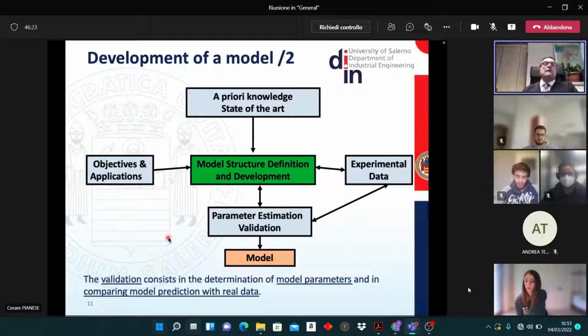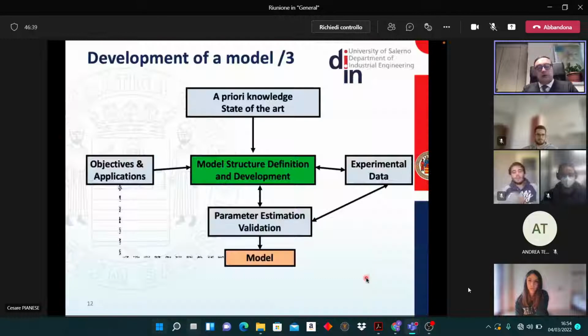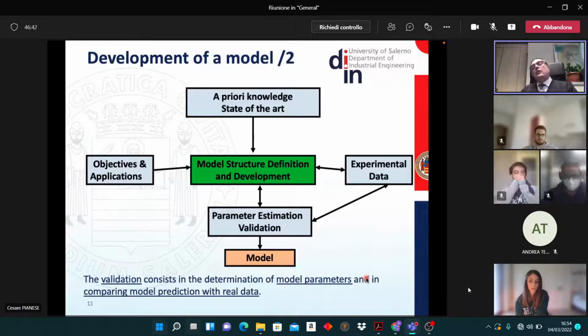And then you must identify whether this is the k for a tomato juice, or the viscosity for blood, or even water. Okay, so what is model estimation or identification and validation?